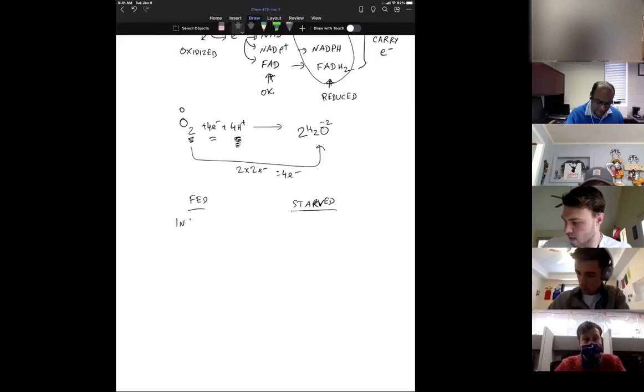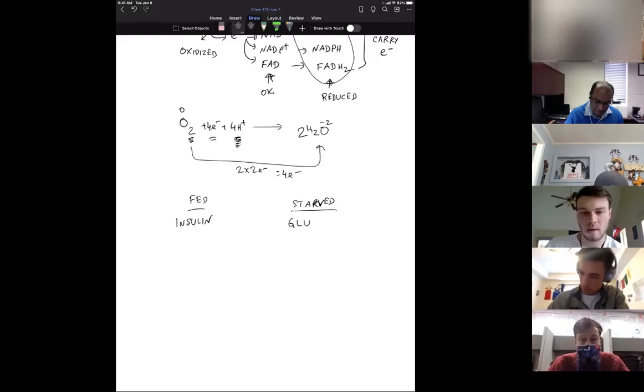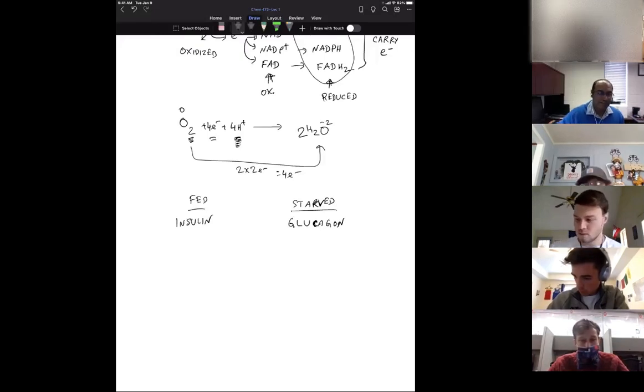So in the fed state we have insulin, and in the starved state, glucagon. These are the two main hormones, and metabolism is under hormonal control by these two hormones. Okay, so glucagon is the signal when we're starving, and it says, hey, I need to find some source of ATP.